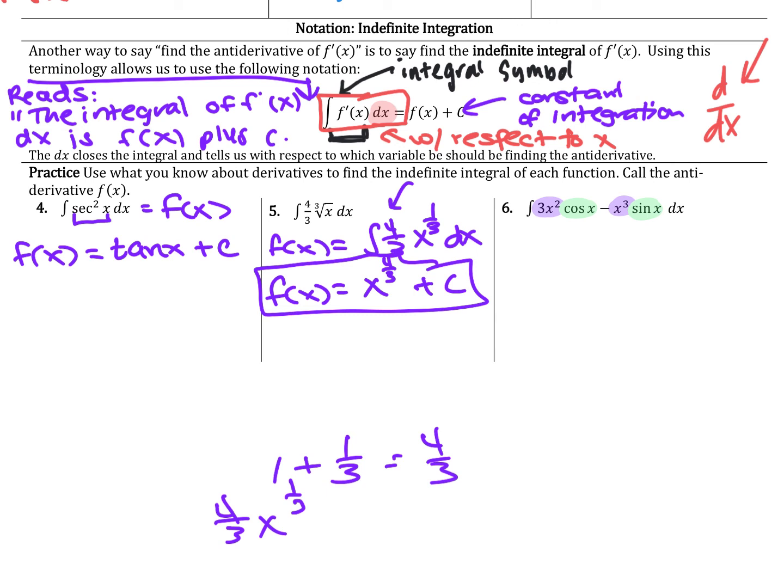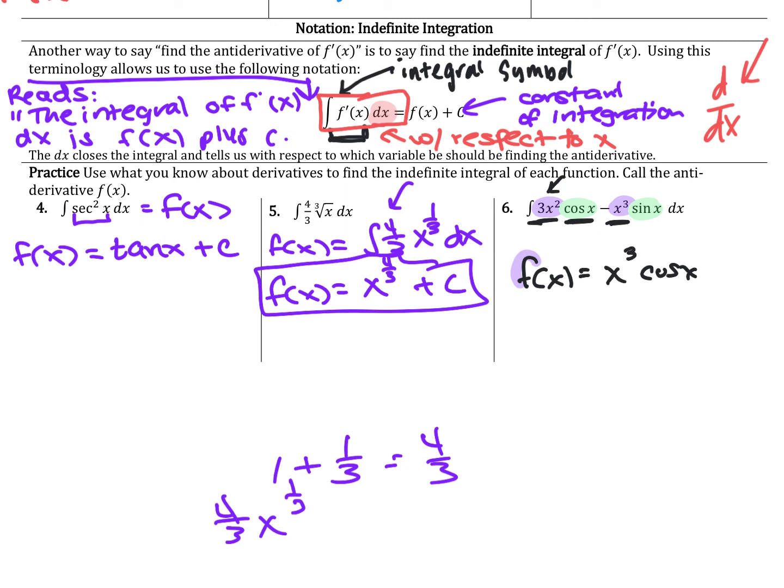So what I notice here is that this, again, looks like the product rule has occurred. And my ultimate goal would be to undo the product rule so that I can find the antiderivative. So if this is my derivative, that makes x to the third my original function. And if this was the derivative, then cosine must be my original function.